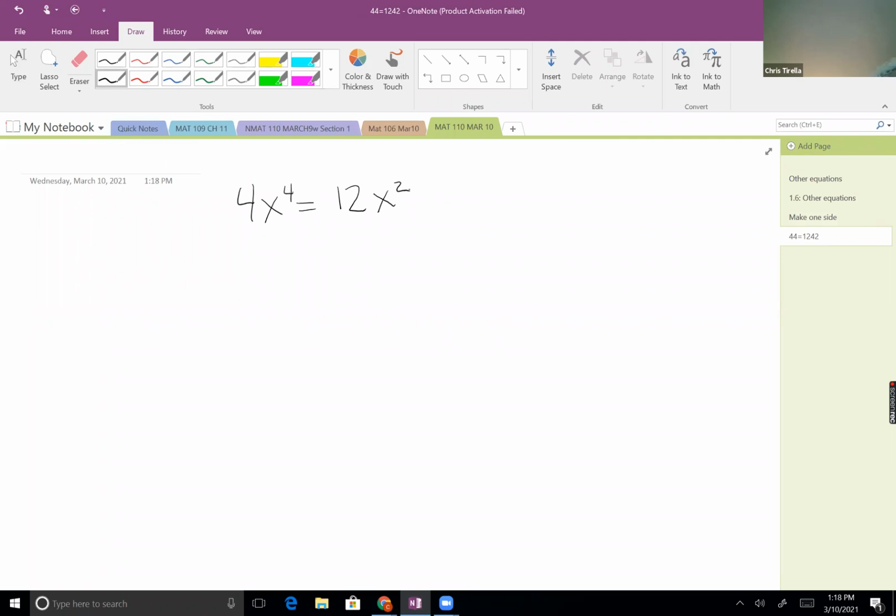And I'm gonna be quiet for a minute and give you folks the chance to make one side 0 and factor. I'll give you guys like 2 minutes to do that part. And then once we've got it factored, let's regroup and look at solving the result, setting each factor to 0 and solving the resulting equations together.